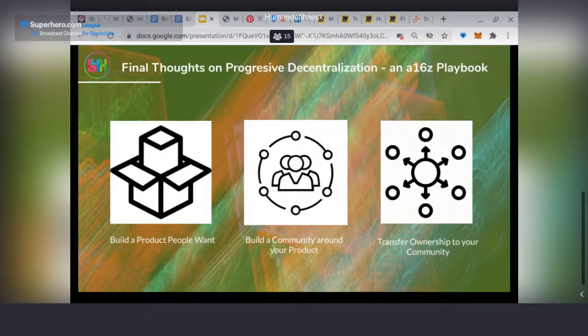But generally speaking, I personally find that decentralization is the last thing that you do. The first thing is to find a product market fit. You need to assure that you are building a product that people want, things that people are wanting and delivering, and they will be using.